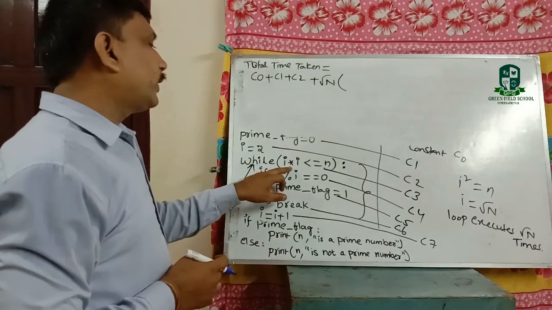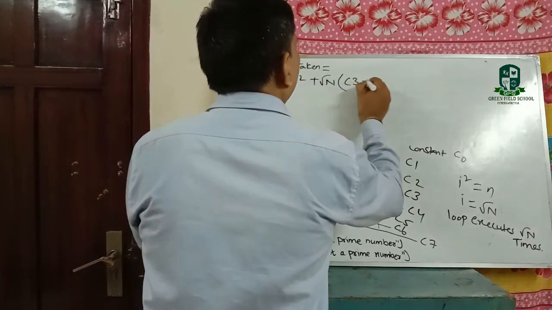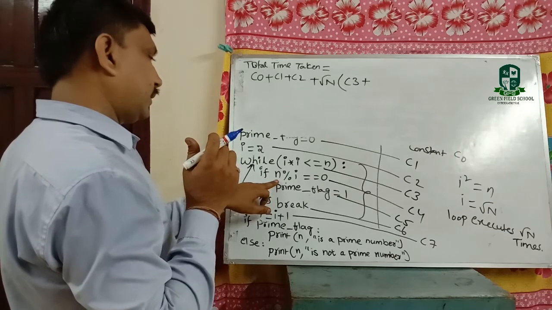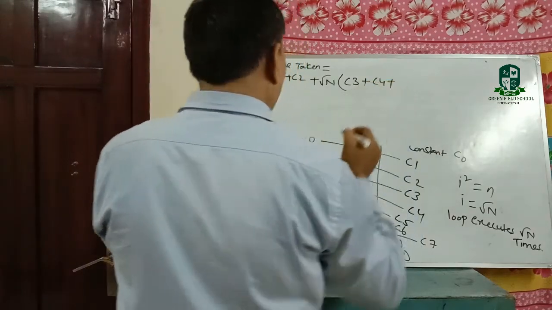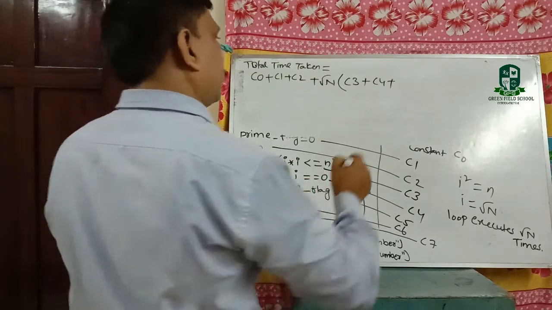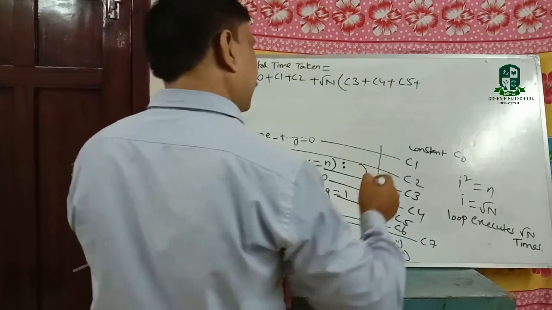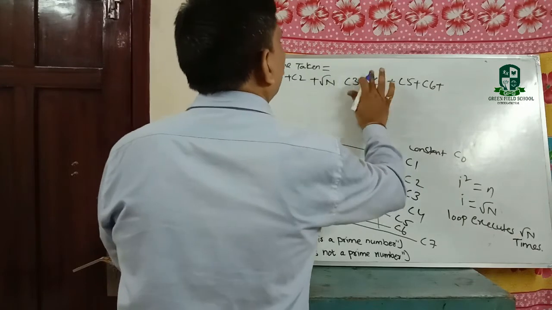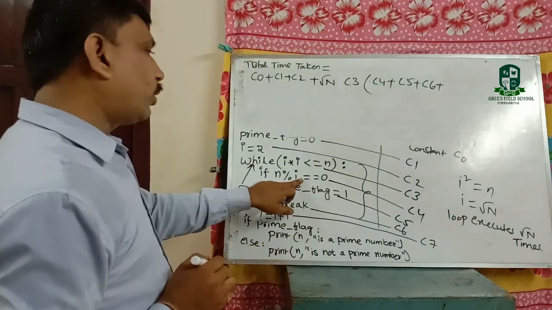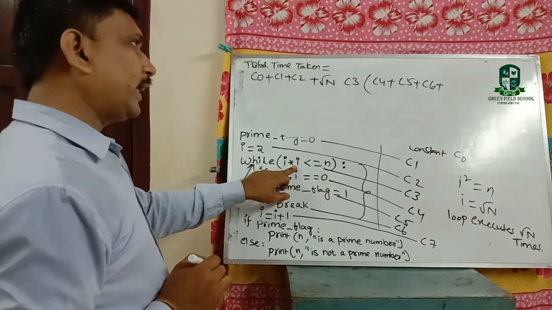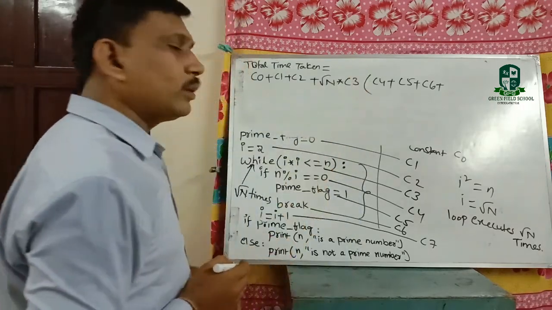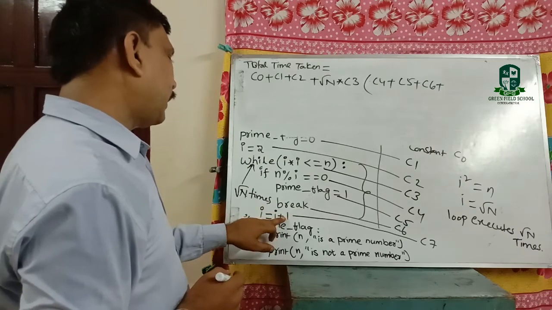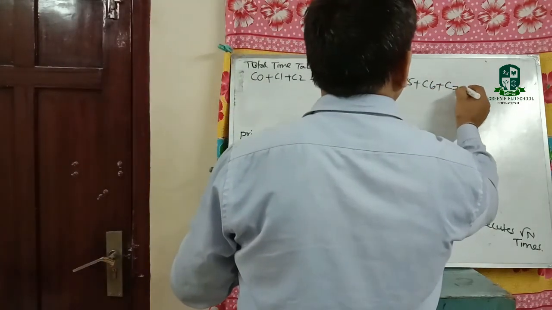Here the condition takes C3, plus C4, plus C5, plus C6, plus C7. So root n into C3, C4, C5, C6, C7, since this is executed root n times.